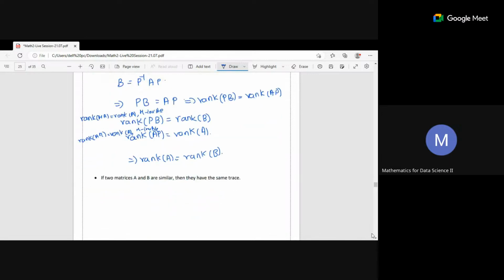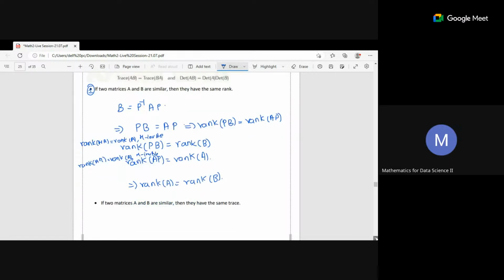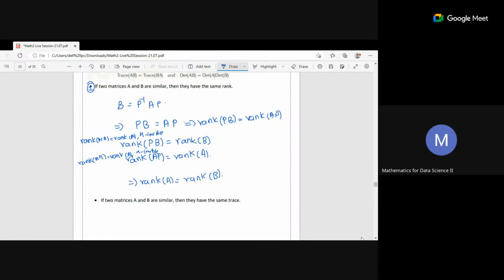If two matrices A and B are similar, then they have the same trace. How to use this trace property? Trace of AB is the same as trace of BA. So let us write.